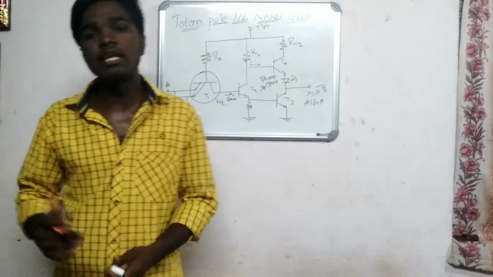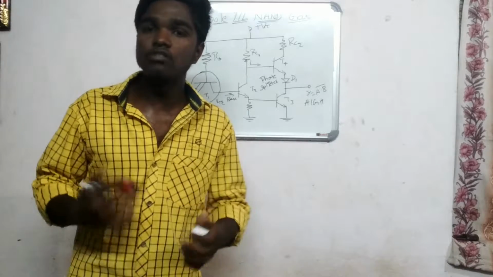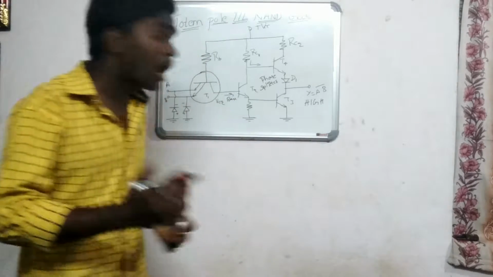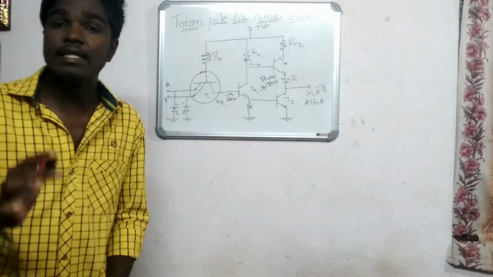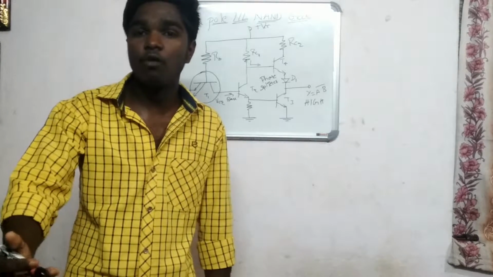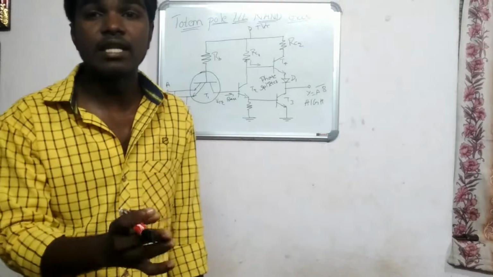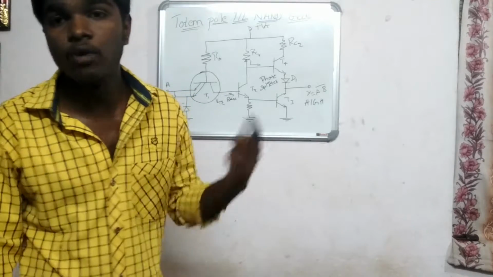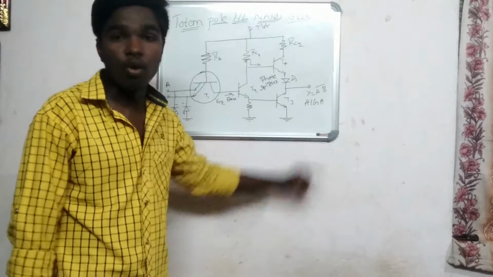The transistor T3 will also become on. Then the emitter of T3, which is given to ground, gives away the output. The output at Y will be low.